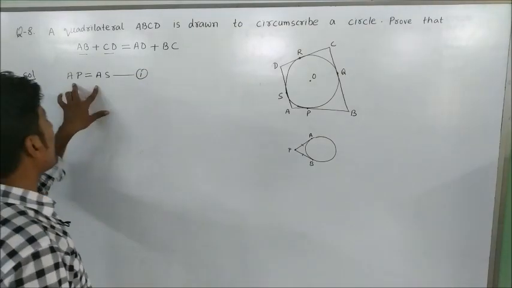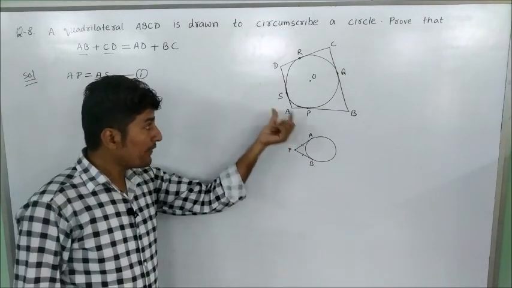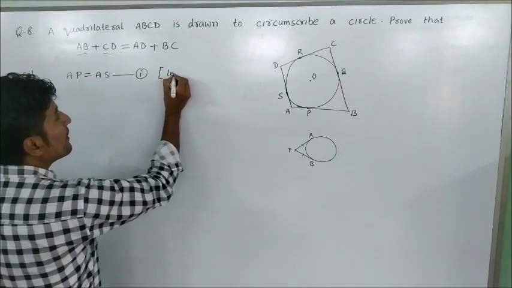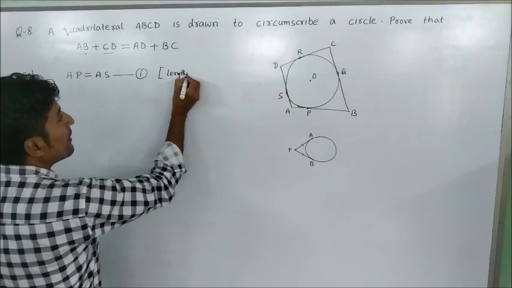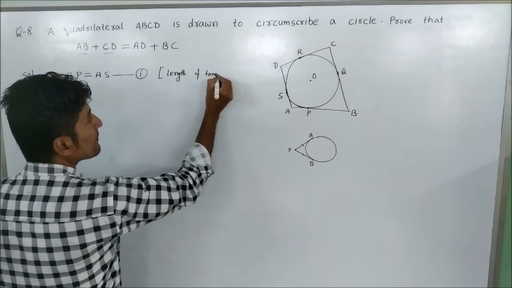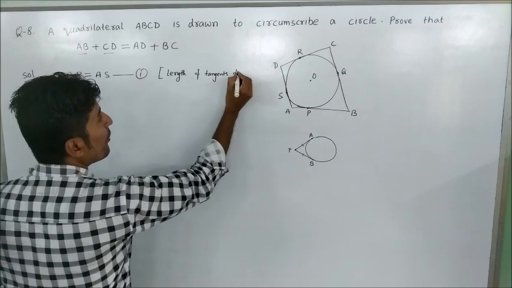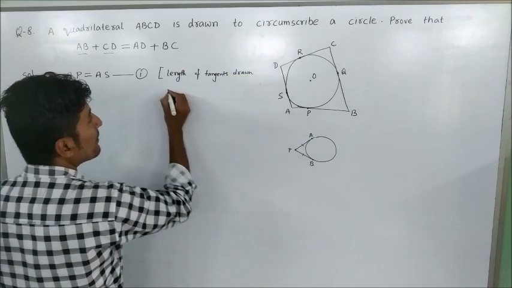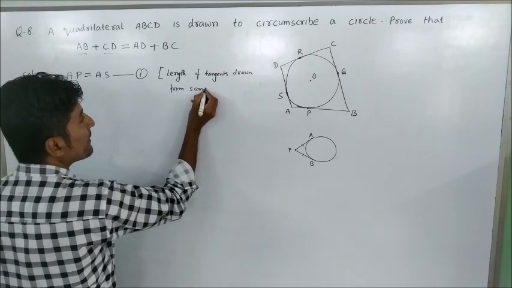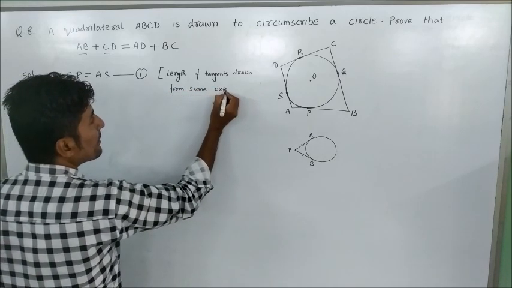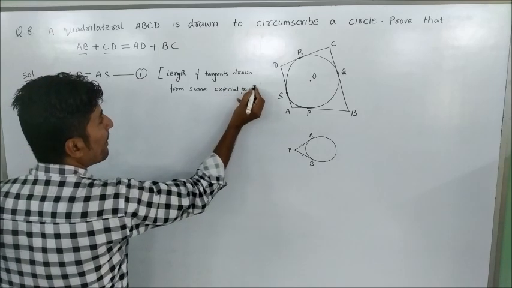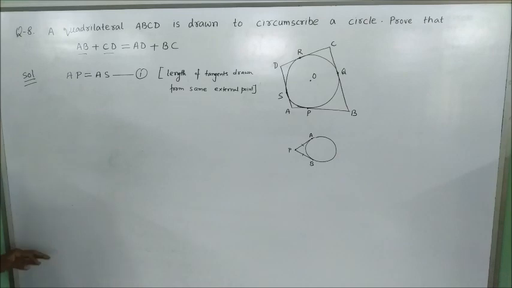And we have to write the reason why these two lengths of tangents are equal. So here we can write: length of tangents drawn from the same external point. That's why these two are equal.